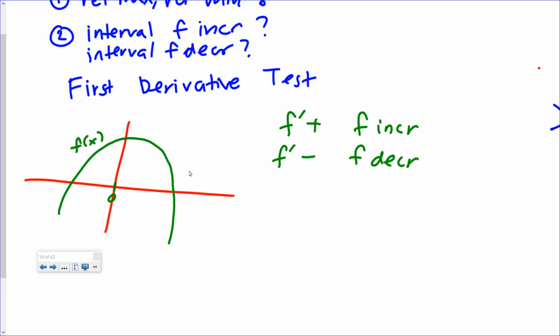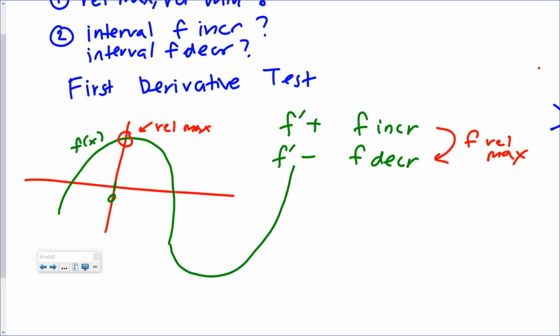Now, the other thing that's kind of interesting is that when f changes from increasing to decreasing, you always have a special thing there. You always have a relative max, okay? So that's what I'll put on this side. If you ever change from this row to this row, f has a relative max. It just does, okay? And guys, what if I loop this thing back up?